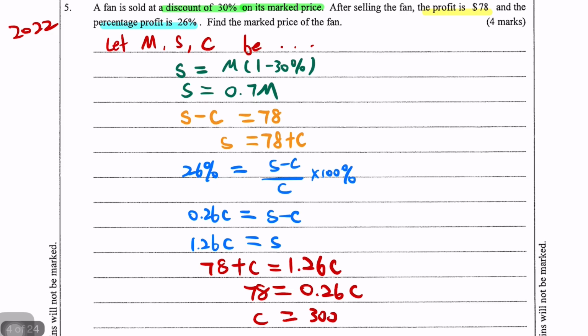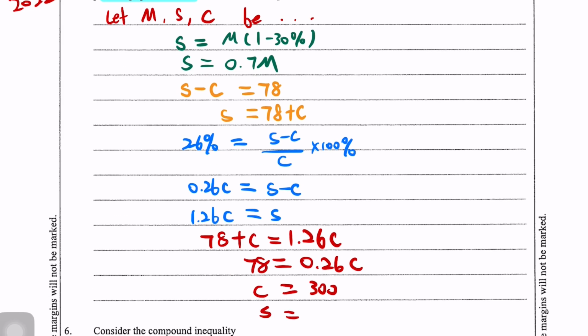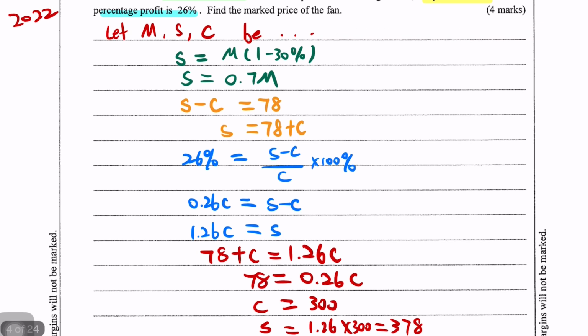How about s? In this case s equals 1.26 times 300, which equals 378. Okay, we have s, we have c, then you put into the first equation. You can write a line here and show which equation you put it into.